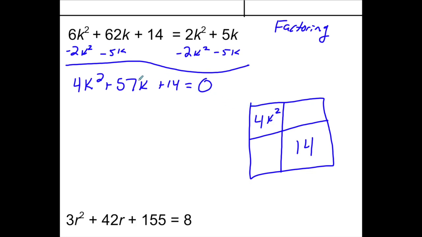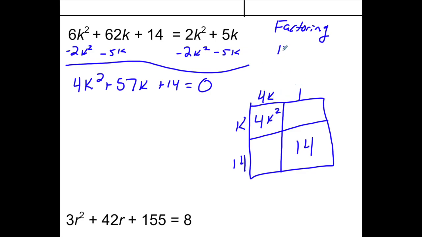So because they're adding to a positive and multiplying to a positive, we do know that we're looking for 2 positive numbers. But now, how do we get 57? Well, this is going to be one of the slept-on combinations. So what I think we're going to need is, this is a 4k and this is a k, and this is a 14 and this is a 1. So it's a double, like 4 and 1, 14 and 1.